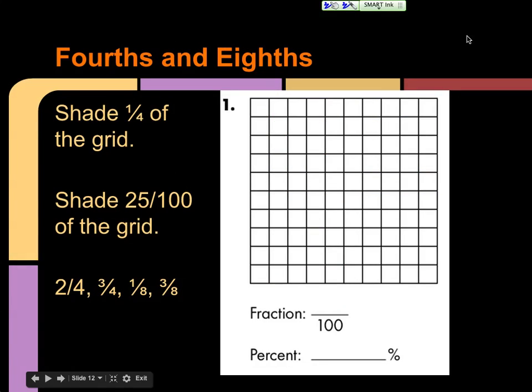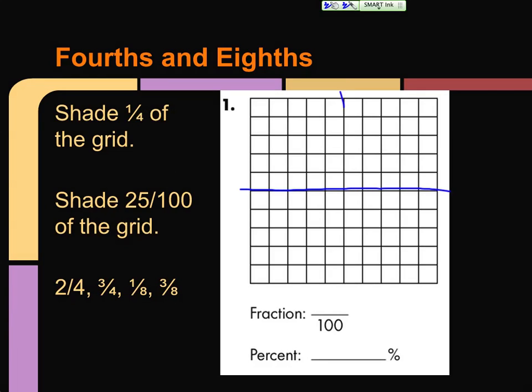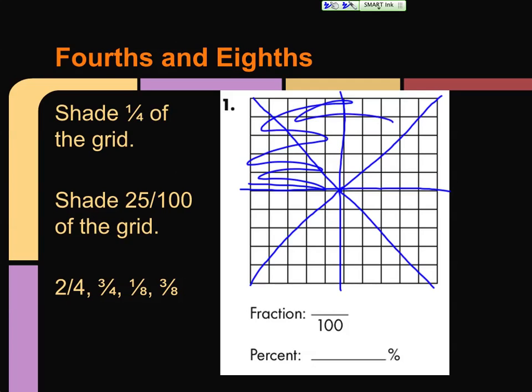So, we found 1/8. We found 2/8. We found 3/8. We found 4/8. What's next? 5/8. So, remember, we have eighths, 8 equal parts. Don't we know what the top half is? Yes.